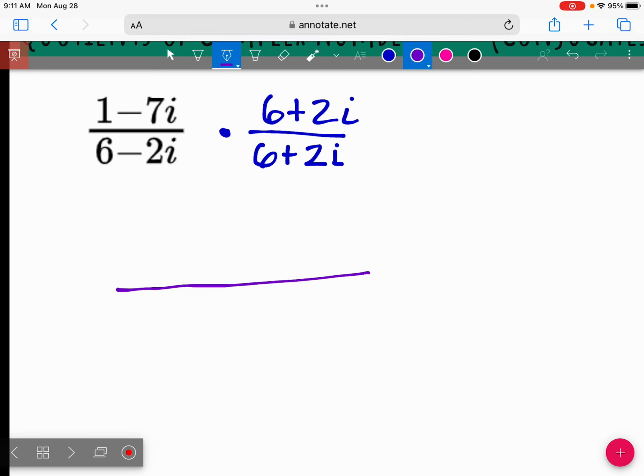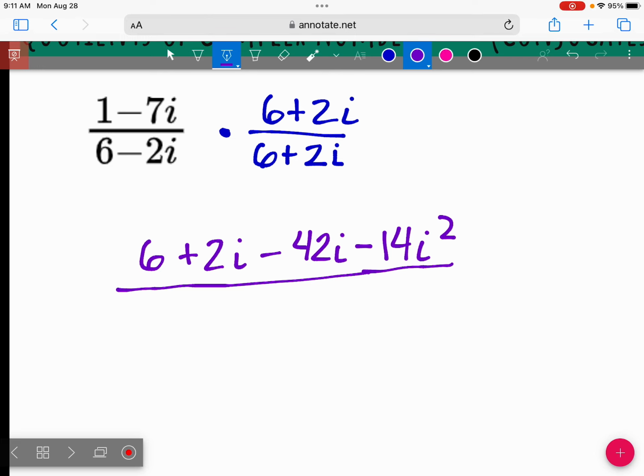So we're going to have 6 plus 2i, minus 7 times 6, 42i, and 14i squared. Should be something like that, hopefully. And our denominator, 6 times 6 is 36, minus 4i squared.